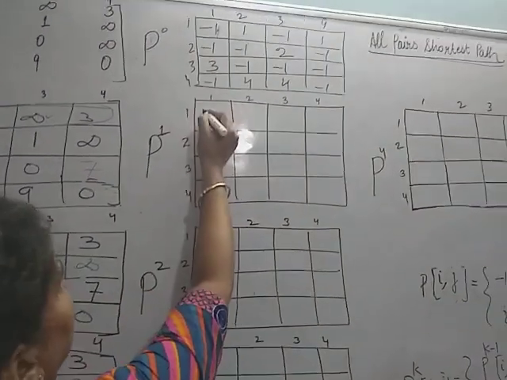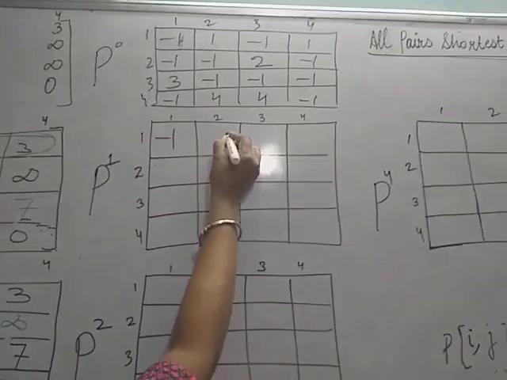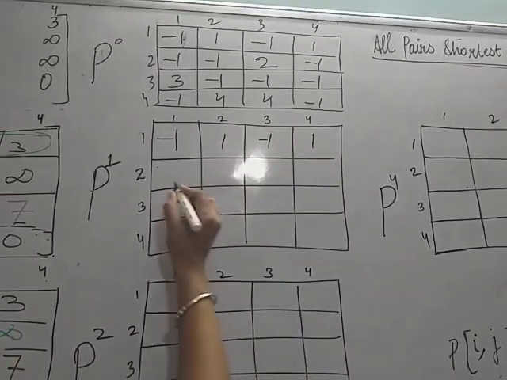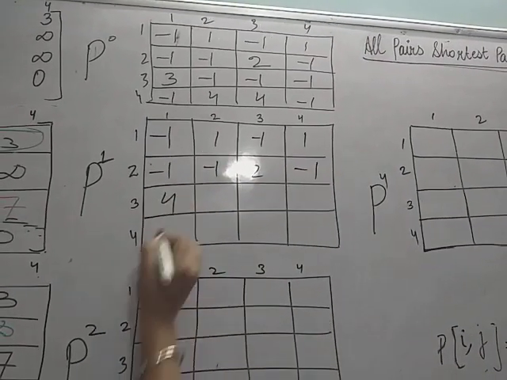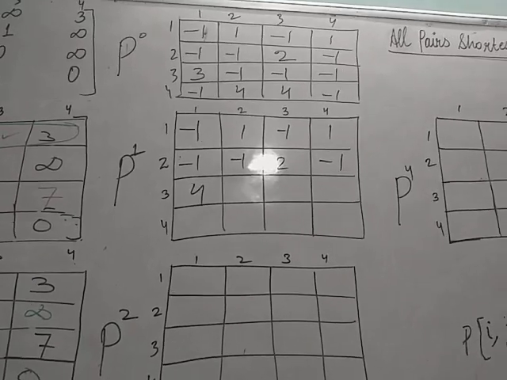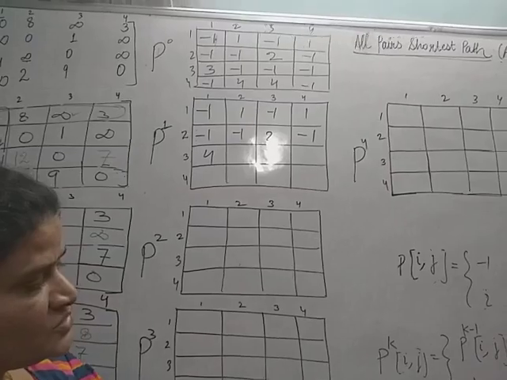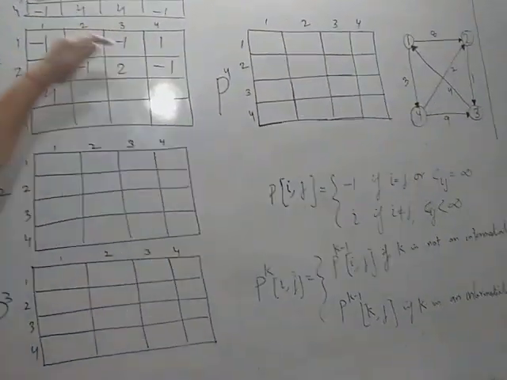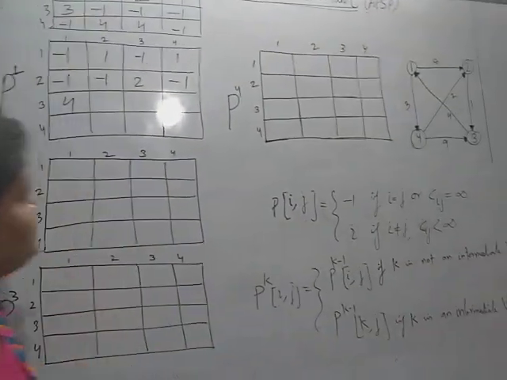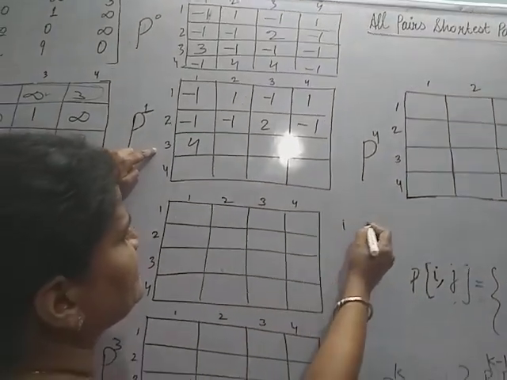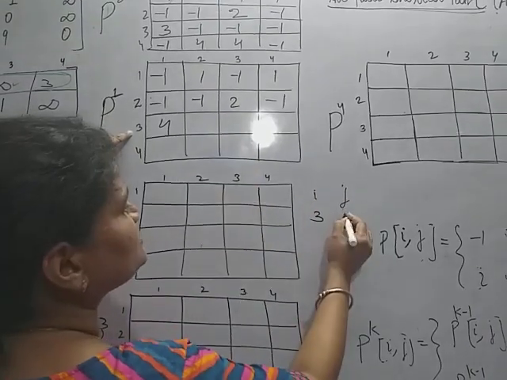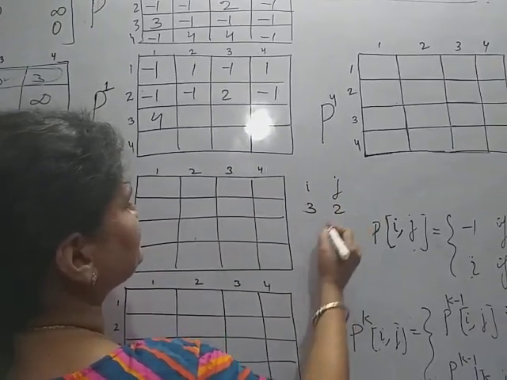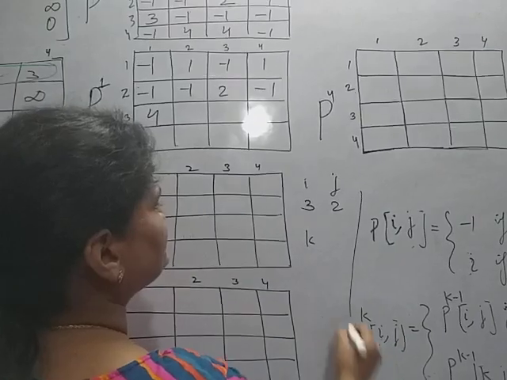So first I copy from here: -1, 1, -1, 1, -1, -1, 2, -1, 4. Here there is a change. There is a change, meaning k is an intermediate vertex here and the value of k is 1. From the previous matrix, i is 3, j is 2, and k is 1.